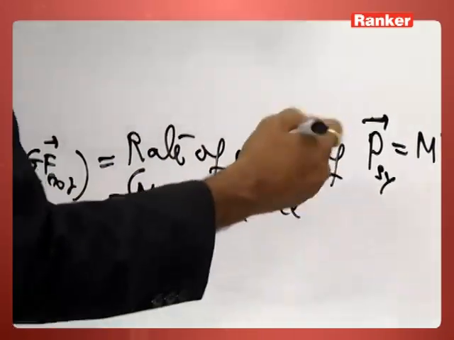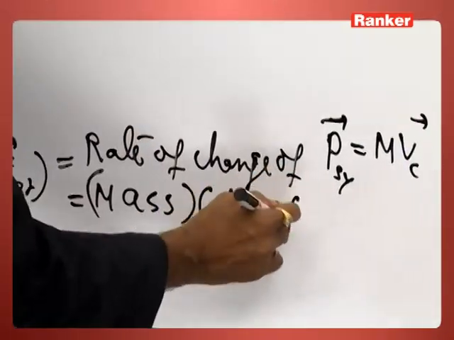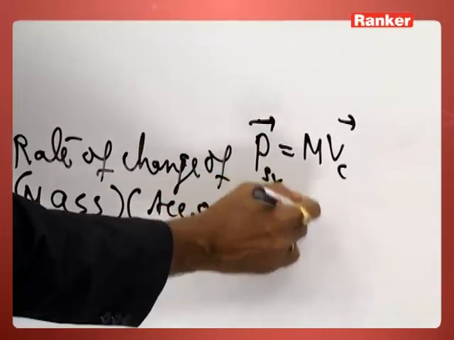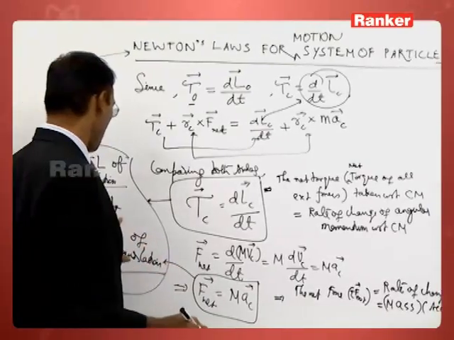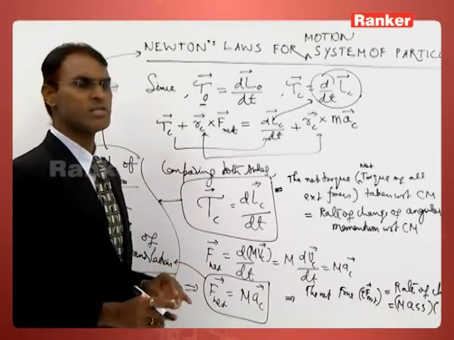Acceleration of which point of the system? Acceleration of the center of mass of the system. This is called Newton's second law for translation of the system of particles.